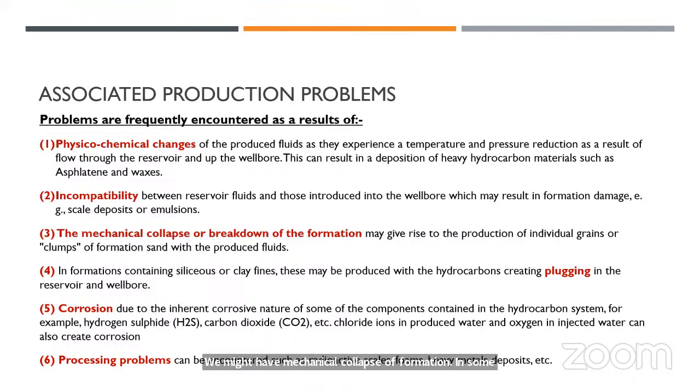We might have corrosion from H2S or CO2, or mixed corrosion from both components. We need to consider these production problems during the production technology or during the well performance operation. Also, we need to consider processing problems. However, we have some sort of forms of scale, let's say. So these are all the problems that might occur during production operation.